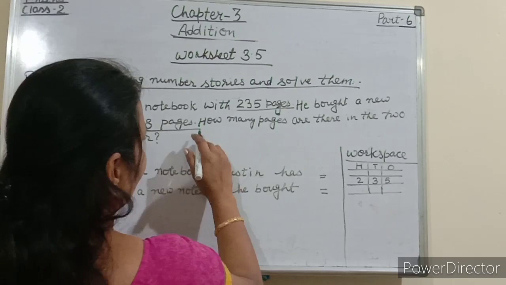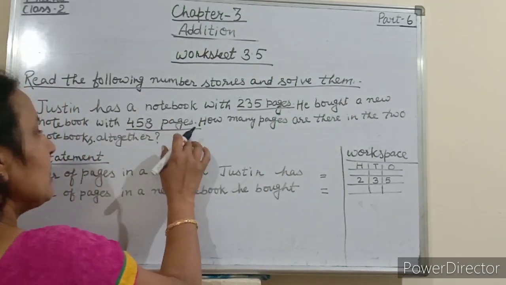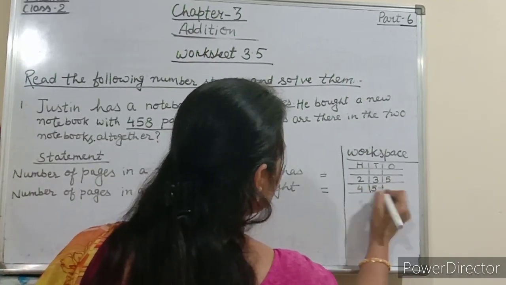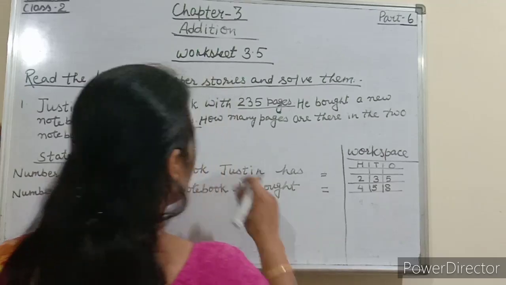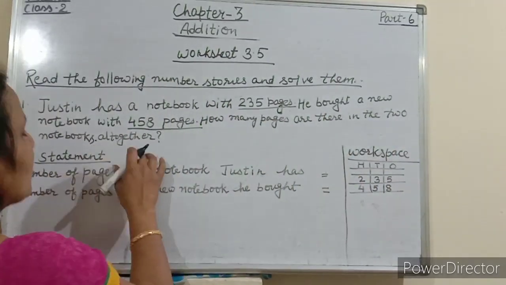See, he bought a new notebook with 458 pages. So here we will write 458 pages. How many pages are there in the two notebooks altogether?